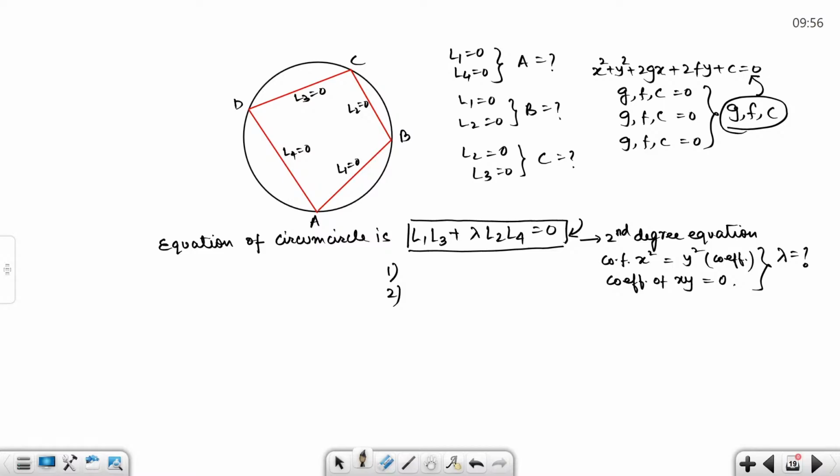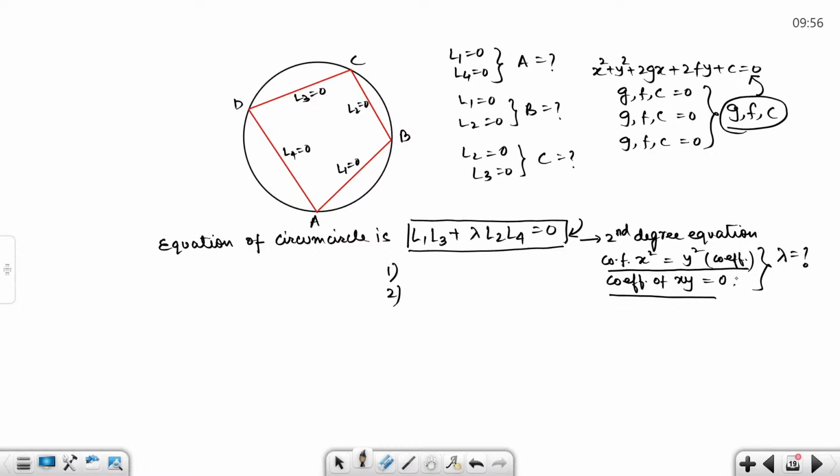Here, there is only one variable. From the first equation, you are going to have a relation between lambda and some constant. From the second equation, you also have some relation between lambda and a constant. So I will solve for lambda from one equation and put it in the second equation to verify whether it is satisfied.